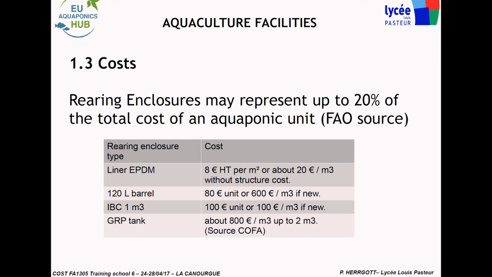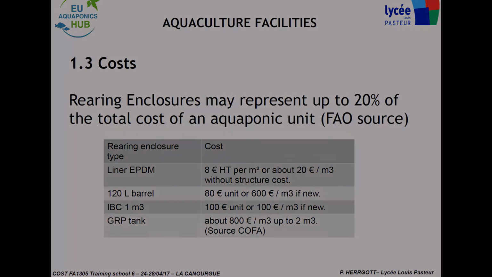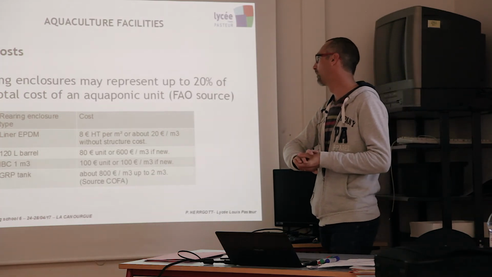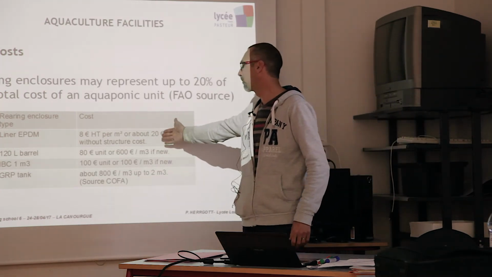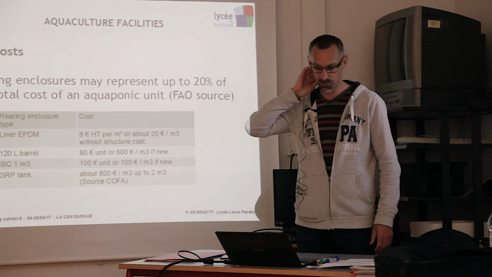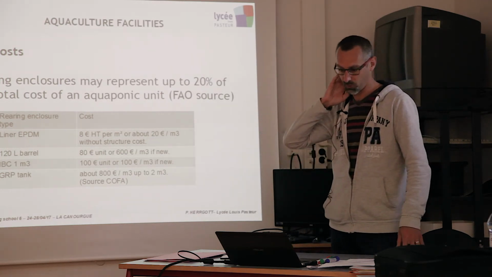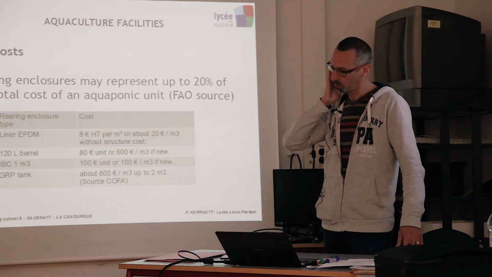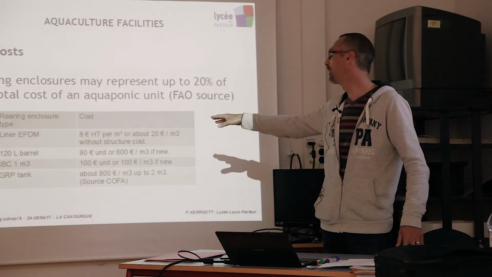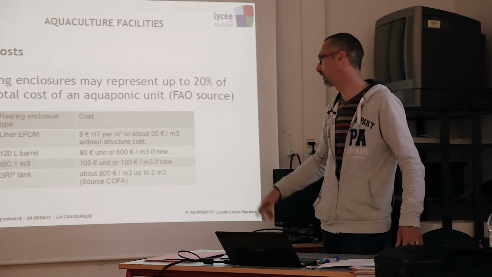And I put some cost for liner. You buy it in square meters, but after that you will cover the structures, and it can make for you 20 euros per cubic meter. We don't speak about the structure cost here.